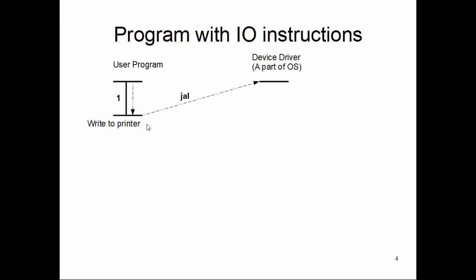We call it a device driver that controls that external device, in this case a printer, and it sets up some parameters like how many pages, what the font is, what to start, what to finish, paper quality selection, all the different parameters you can set up with the printers.